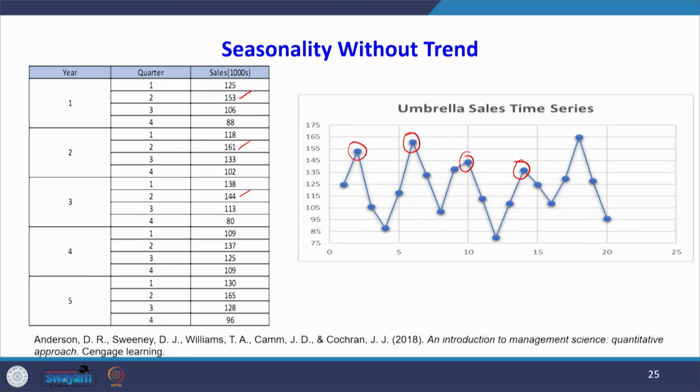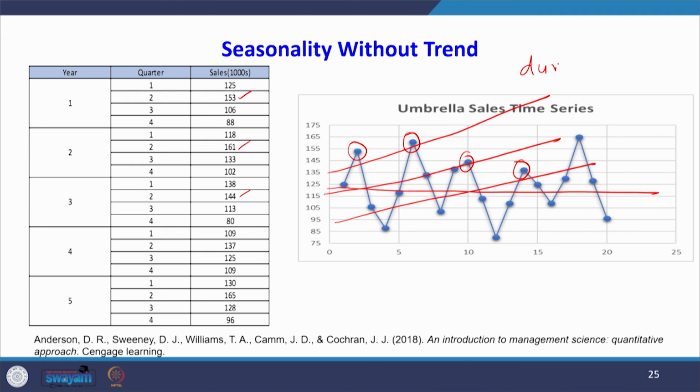So, instead of using a regression analysis for the level data, for each quarter you can have a separate regression line. For example, this is for quarter 2, this is for quarter 2, this is for quarter 3. This kind of regression model can be built with the help of a regression technique called dummy variable regression.